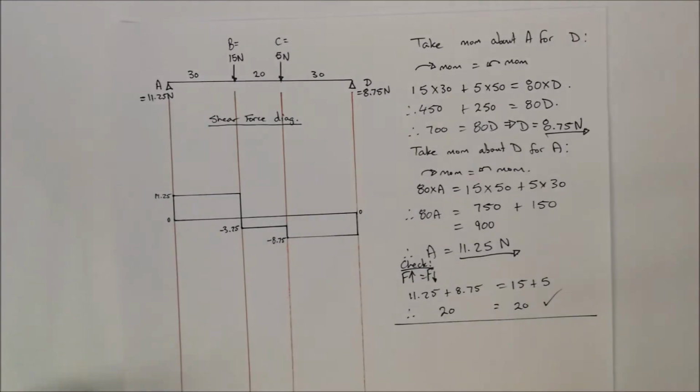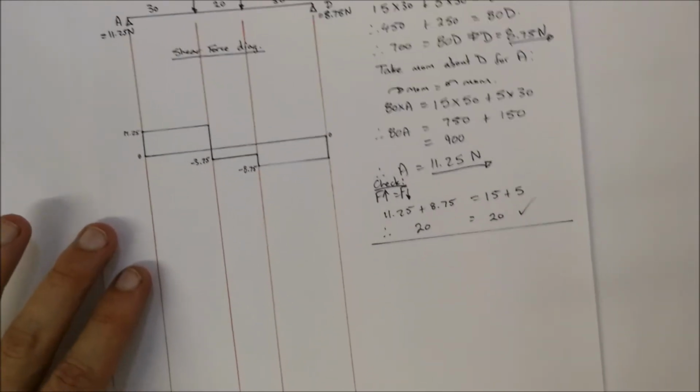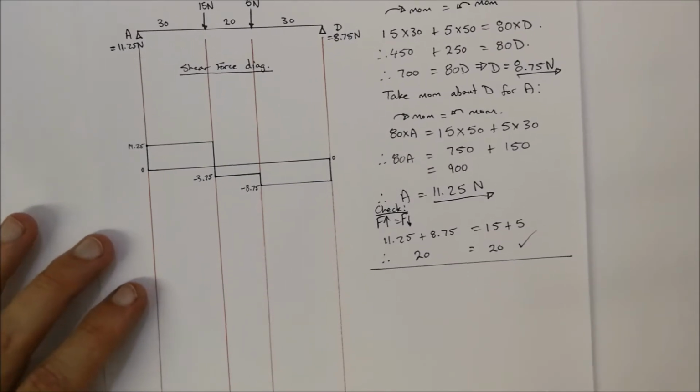Okay, now that we've done the shear force diagram, we need to do a bending moment diagram. Okay, so a bending moment diagram follows the following sort of procedure. So first we need to calculate the bending moments at each specific point.